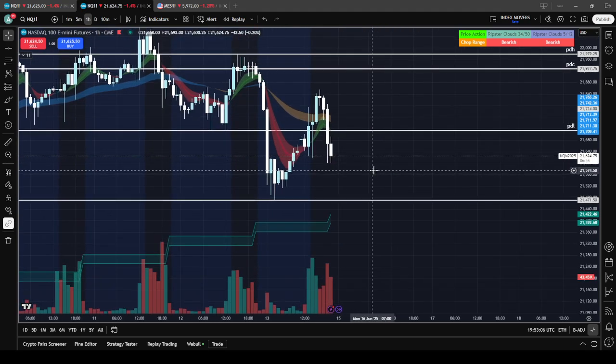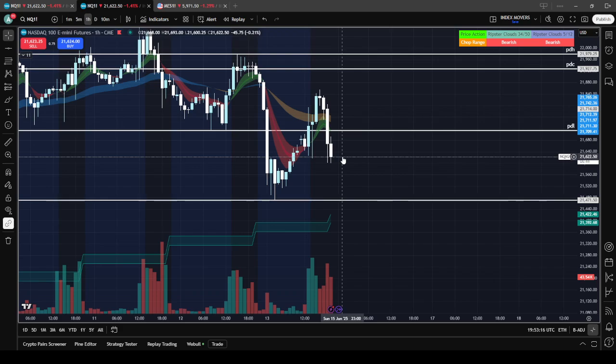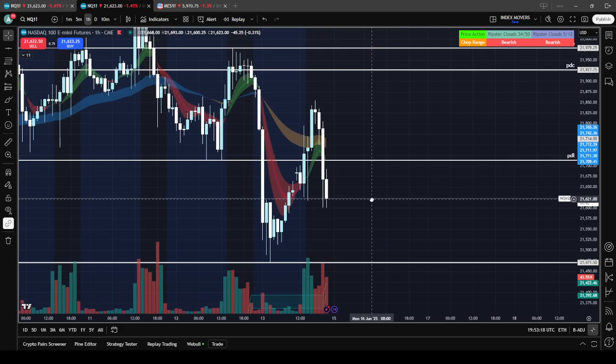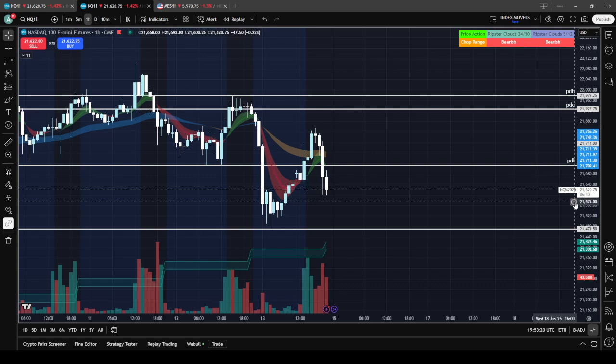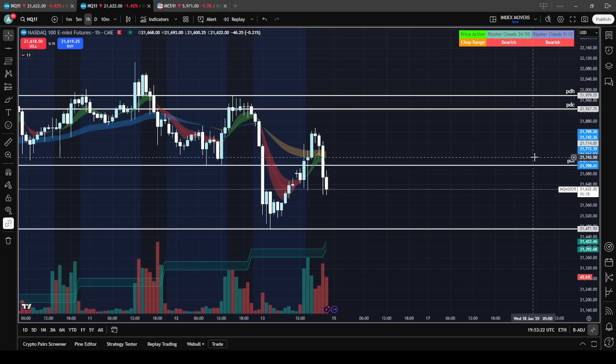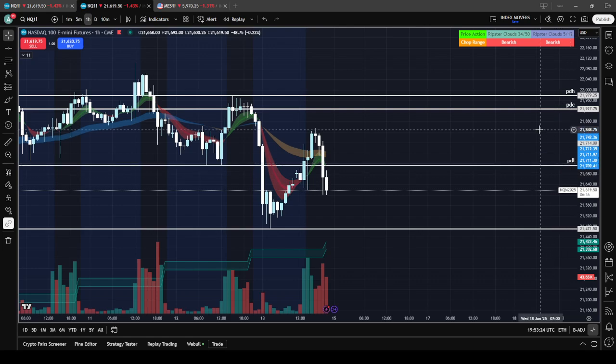So going into the next day, well, into that session rather, you can see that we have a bearish outlook going into the day. With that being said, if we're in between the previous day low and the previous day high, we're going to chop. As you can see, not much action.